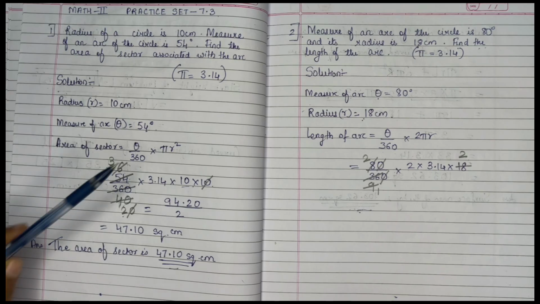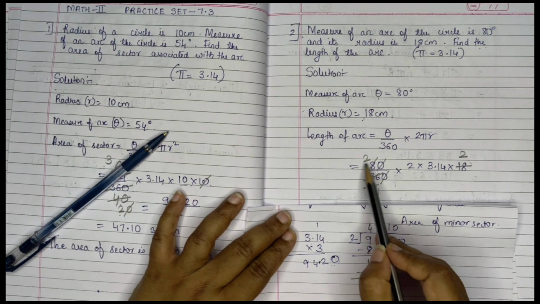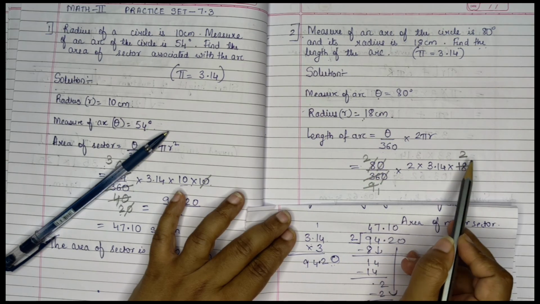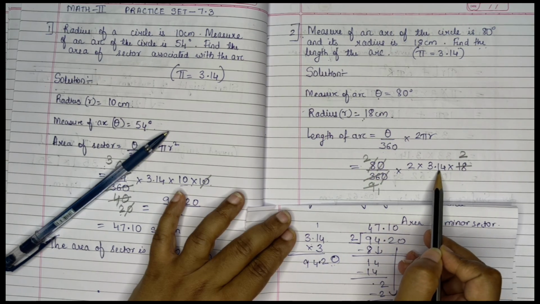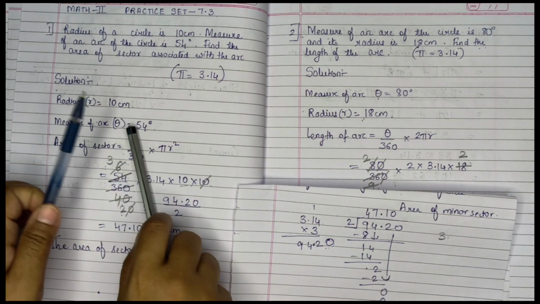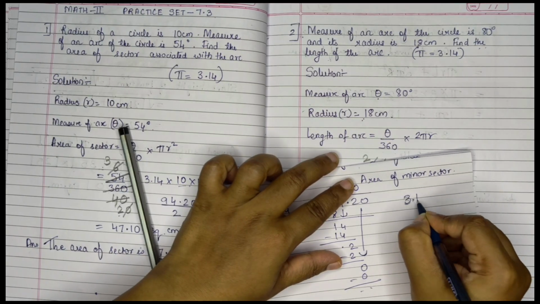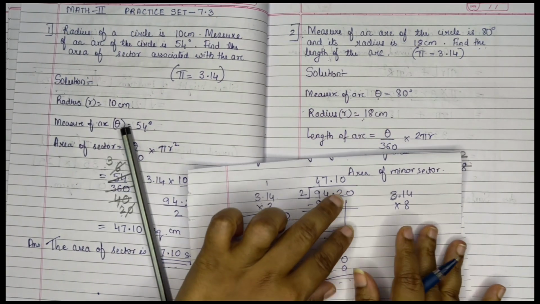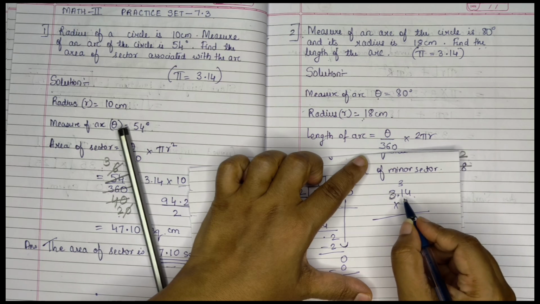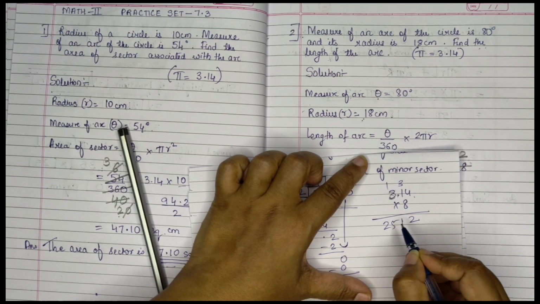Okay, so see here, 2 2s are 4, 4 2s are 8, multiplied by 3.14. That means 3.14 we will multiply it with 8. 8 4s are 32, 8 1s are 8, 11, 24 plus 1, 25.